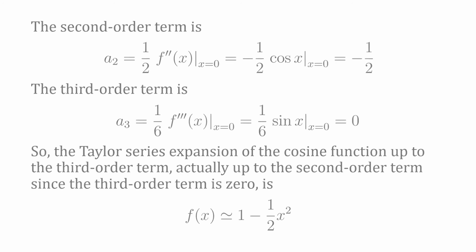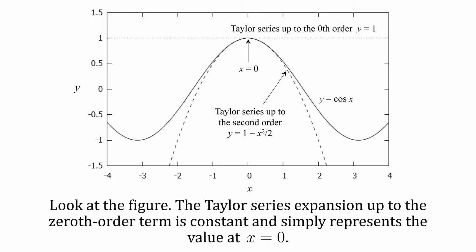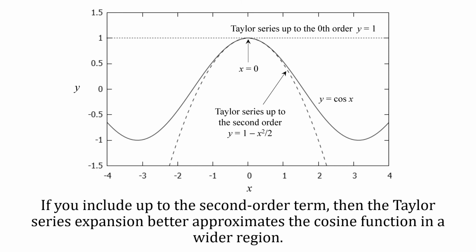Look at the figure. The Taylor series expansion up to the 0th order term is constant and simply represents the value at x equals 0. If you include up to the 2nd order term, then the Taylor series expansion better approximates the cosine function in a wider region.